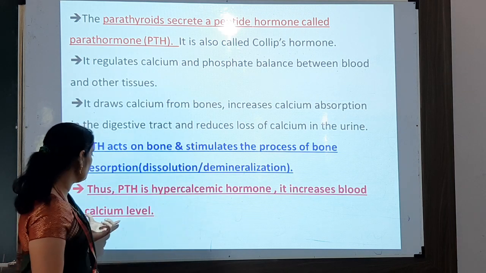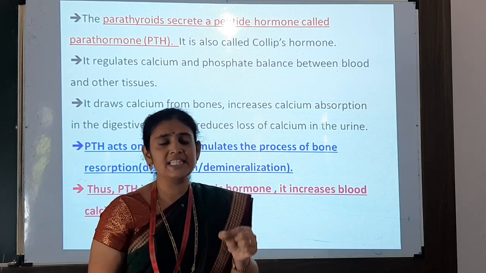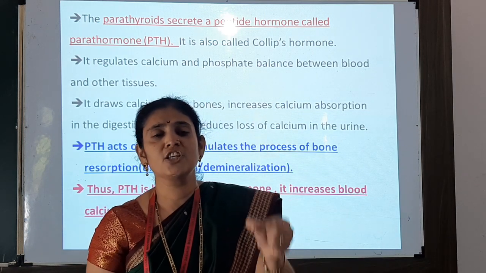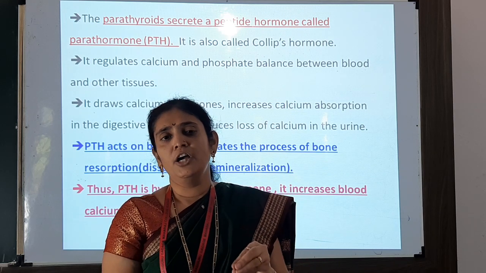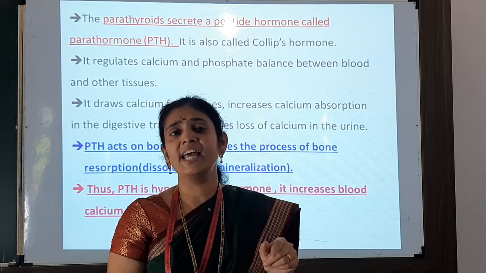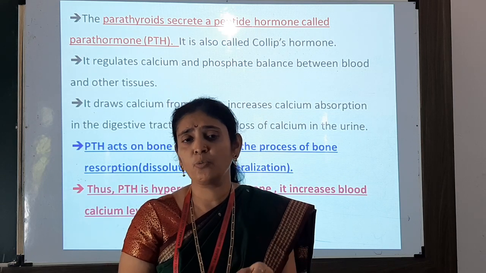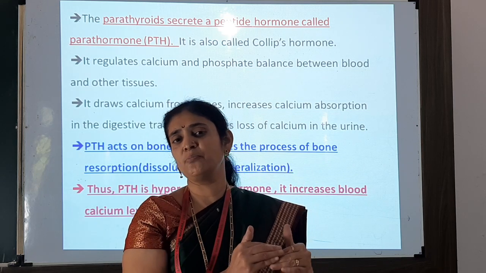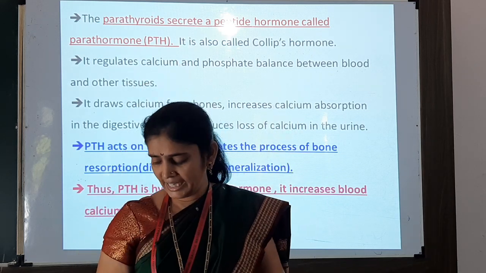It increases blood calcium level. Why is it called a hypercalcemic hormone? Because it is responsible for increasing the blood calcium level. So you can call thyrocalcitonin a hypocalcemic hormone, because thyrocalcitonin is responsible for lowering the calcium level, and this hormone is responsible for increasing the calcium level.